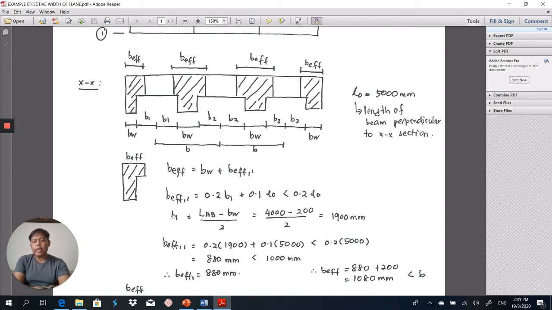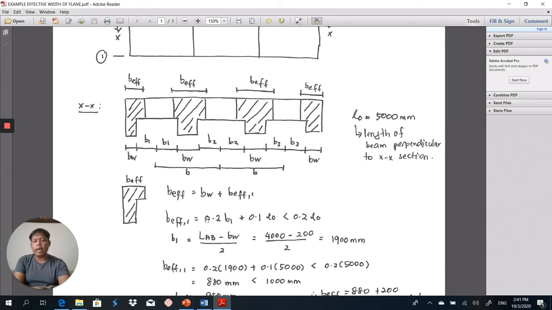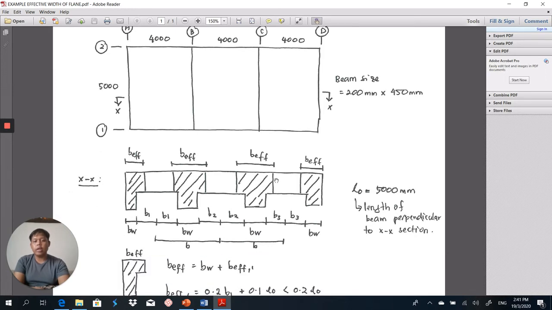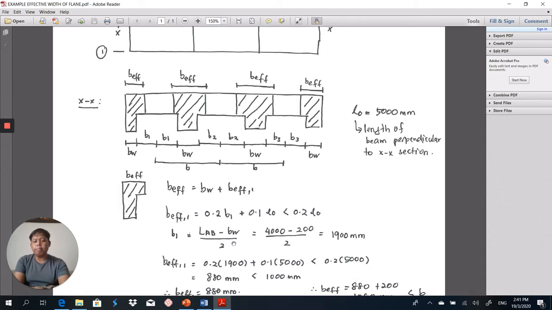Therefore, B1 is actually LAB, which is the length of this 4 meter. You minus the BW and divide by 2 because it is half. Why do we have to minus BW? Because here it is from center to center. It is half BW here and half BW here.